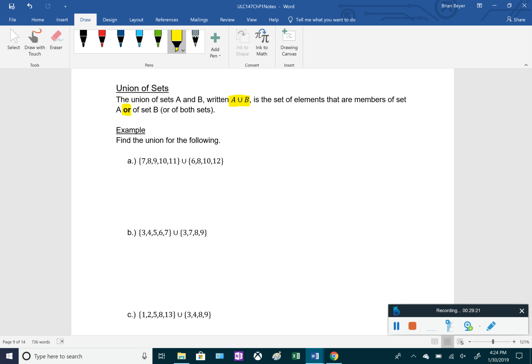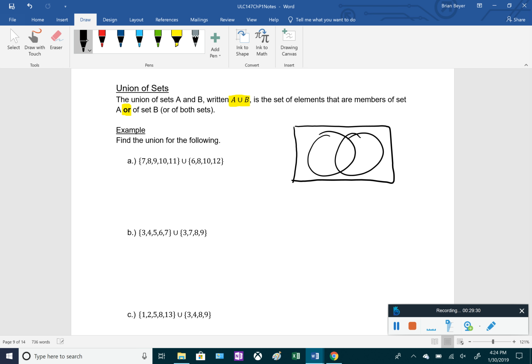It's just every single thing in the sets. So once again, let's look at a Venn diagram here. Circle A is on the left, circle B is on the right. So the union would be everything in both of the sets here. So both of them are just shaded in.